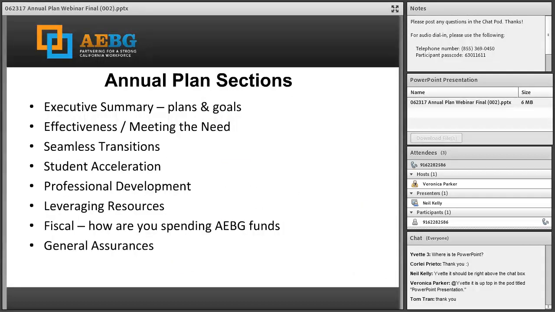All right, so here's how the annual plan looks, and we'll get into this. The first section is an executive summary, plans and goals. The next section is on effectiveness of meeting.